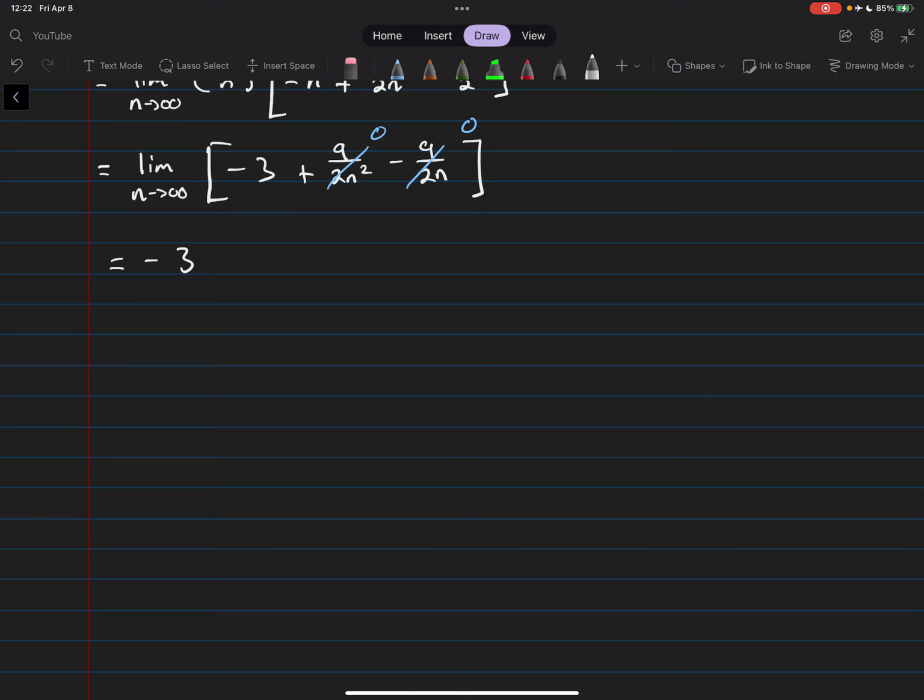So you can double check it by saying the integral from 1 to 4 of x squared minus 4x plus 2. So that's going to be equal to x cubed over 3 minus 2x squared plus 2x, evaluated from 1 to 4.